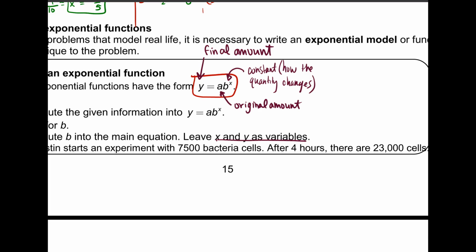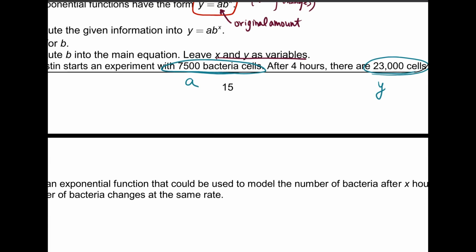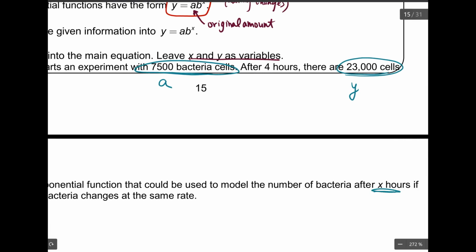Cool. So we start with 7,500 bacteria cells. This is how much I start with, so this is going to be my A, my original amount. There are 23,000 cells after 4 hours. 23,000 is my final amount, my Y. Part A says to write an exponential function to model the number of bacteria after x hours.